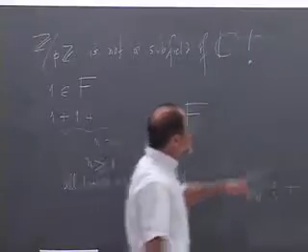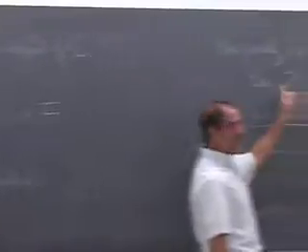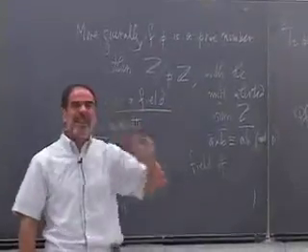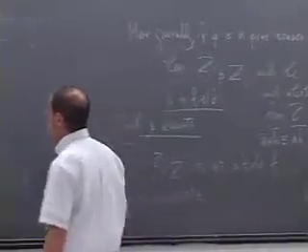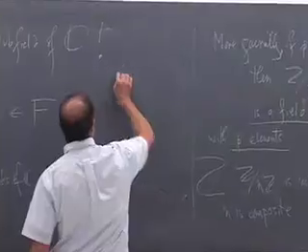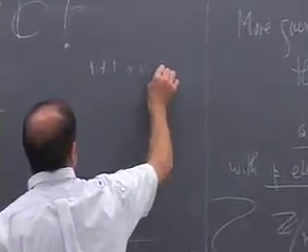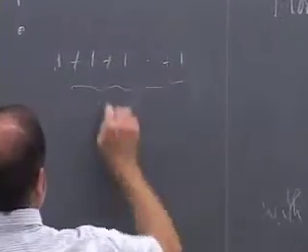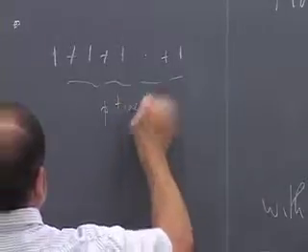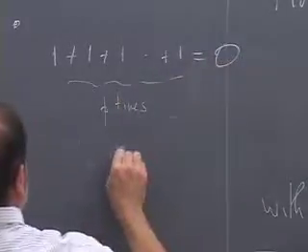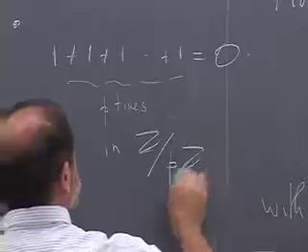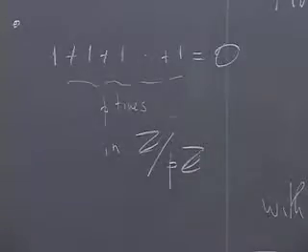However, in this field, when you take the element 1 and you add it to itself p times, you get back to the origin. Because 1 plus 1 plus 1 plus 1, p times, is equal to 0 in Z mod pZ. That's a huge difference.